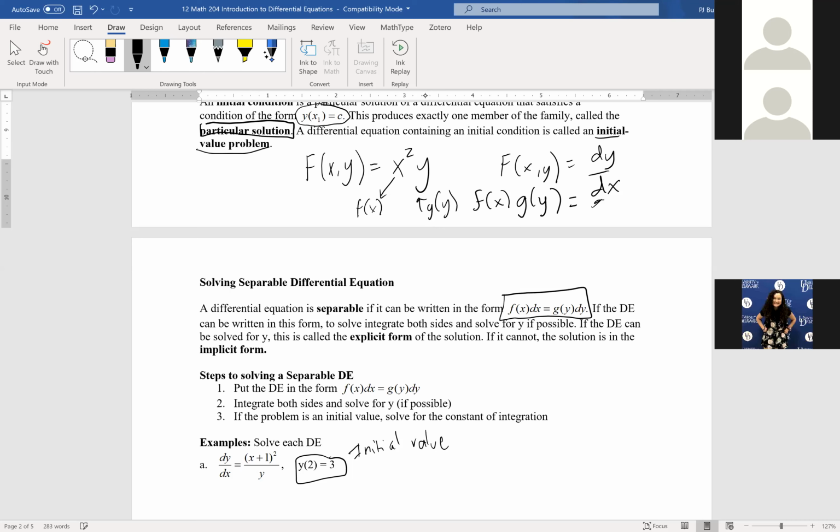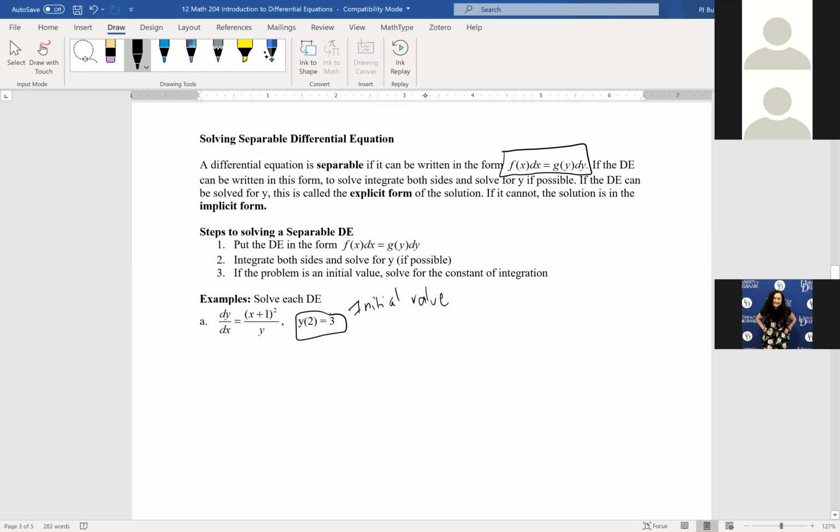Now, if I can write the function that way, then I can take f of x, g of x, and separate my differential equation, right? So I got dy dx. I can take the dx to this side and take my g of y to this side.